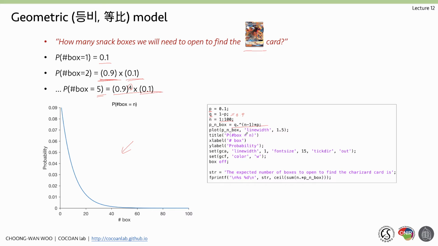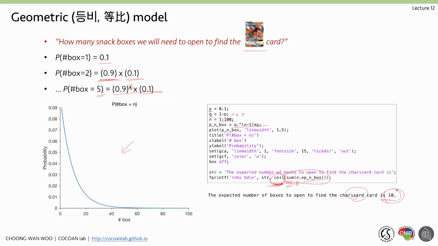And I plotted that, and this is actually the expected value, because this is the nth box, times the probability, and we get the sum of that, and the expected number of boxes to open to find the Charizard success card is 10.